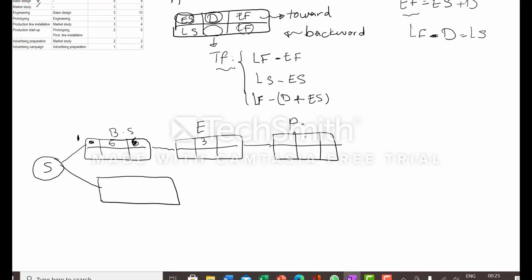The duration is 1 month. This is market study. The market study is predecessor for production line installation. The duration is 3 months. The duration of market study is 3 months also.